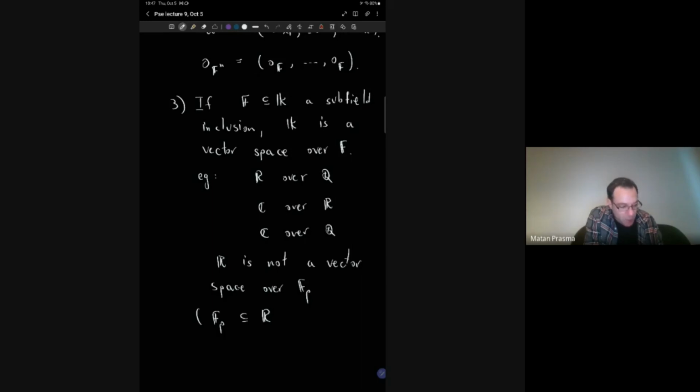But the operations in F_p are not compatible with the operations in R. So when you try to do, let's say, you take a in F_p and v in R. Let's say you take two elements, a and b in F_p.